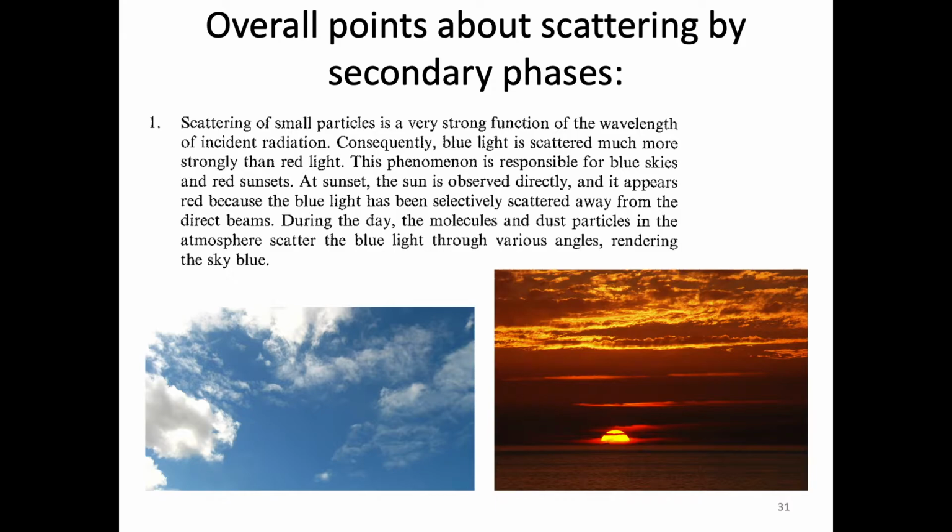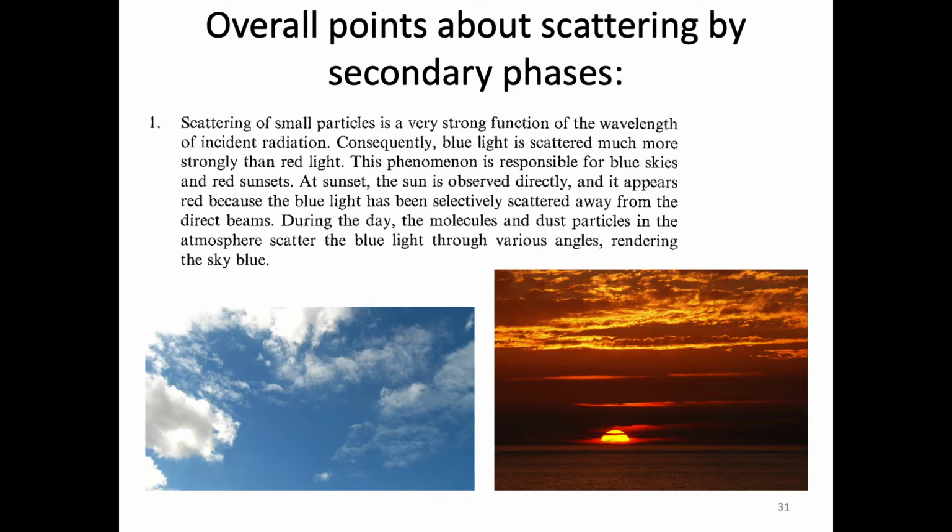This is actually what's responsible for the different colors that we see in the sky. We see blue skies, but at sunset, where we're observing essentially the sun here, it appears red because that blue light is scattered away more selectively.